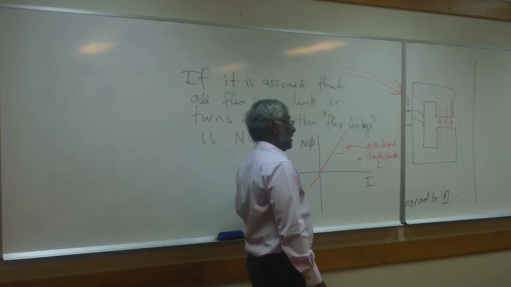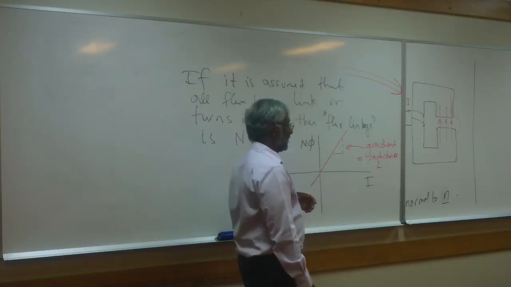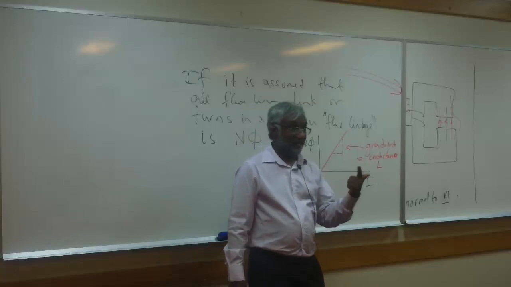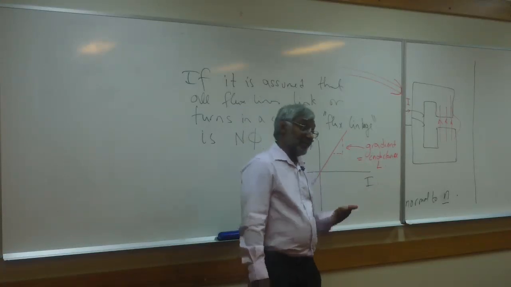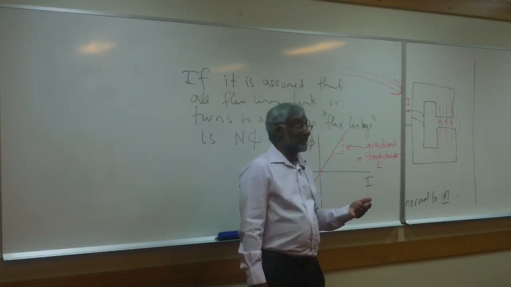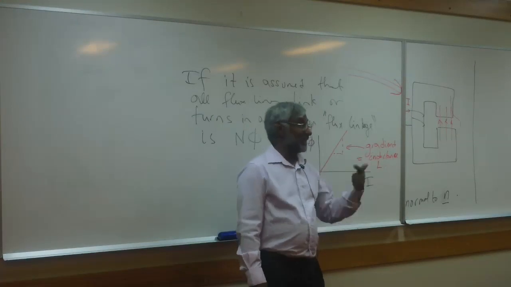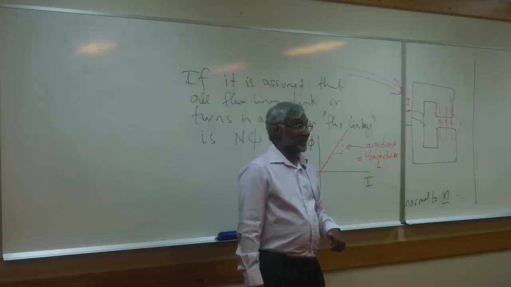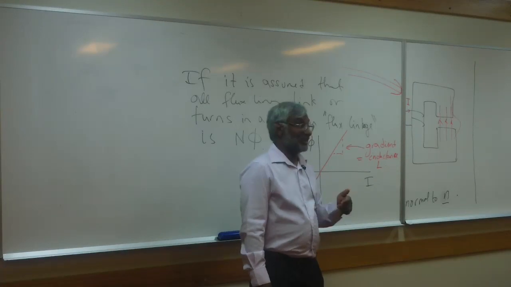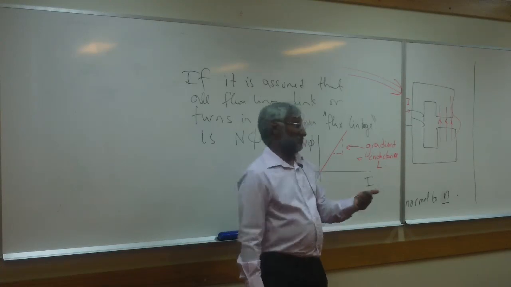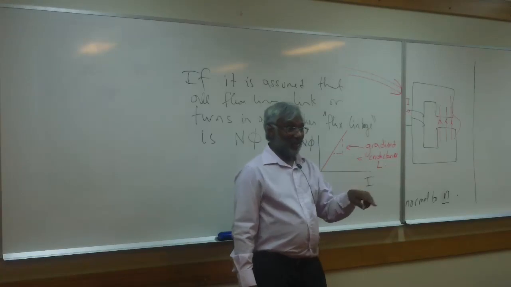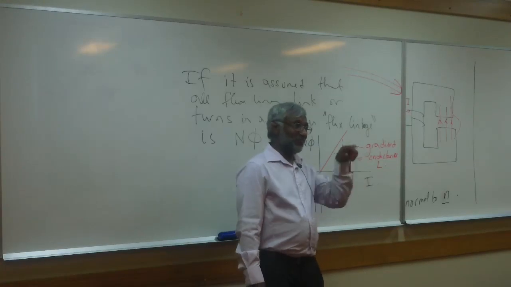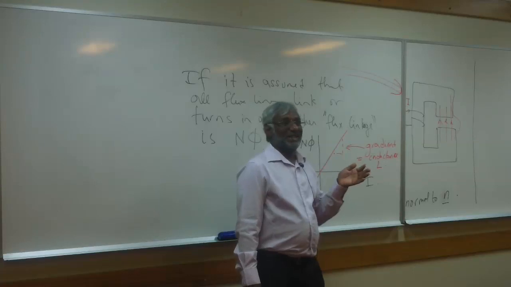Of course, just like resistance depends on physical dimensions and material properties, this is also what you will find in engineering. In engineering, a lot of things depend on dimensions and material properties. So just like resistance depends on dimension, like R equal to rho L on A, so L on A is dimensions, and rho is a material property, rho being the resistivity.